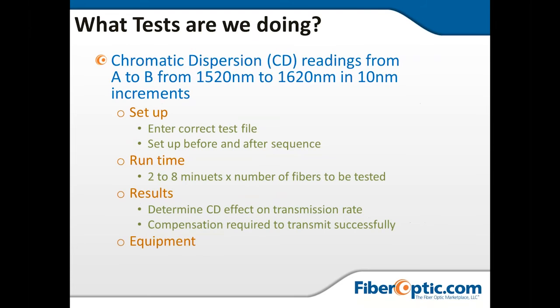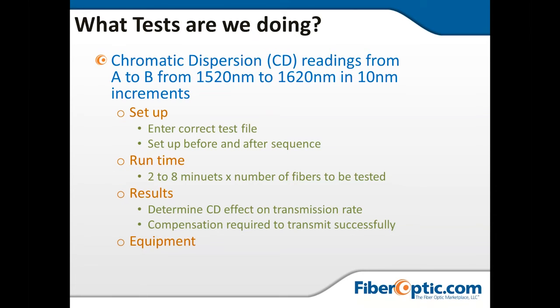Now, CD, we're going to typically shoot a CD from A to B, looking at wavelengths from 1520 to 1620 with a 10 nanometer increment. So what that means is I'm going to look at 1520, 1530, 1540, etc., 1610, 1620.